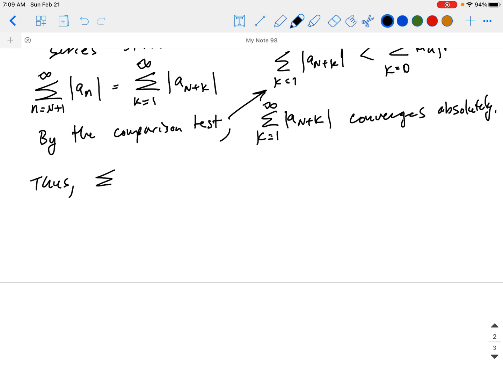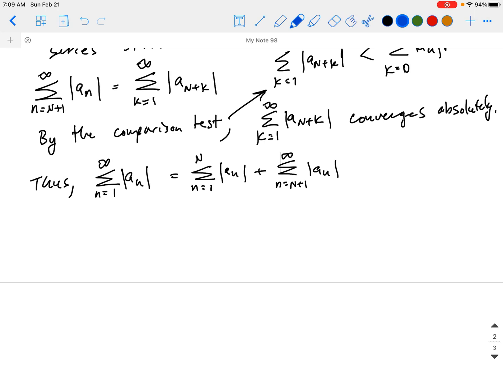Thus, the original series that we started with, a sub n, if we take the sum of the series as an absolute value, we can split our series up into two pieces.